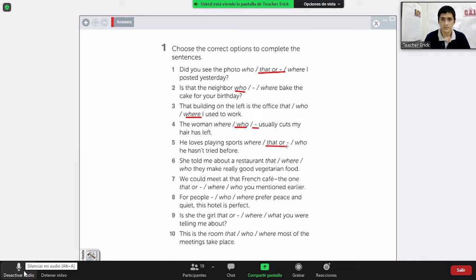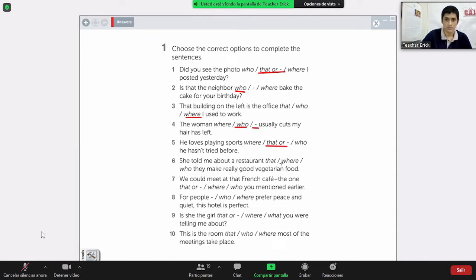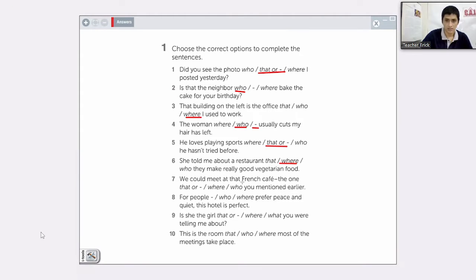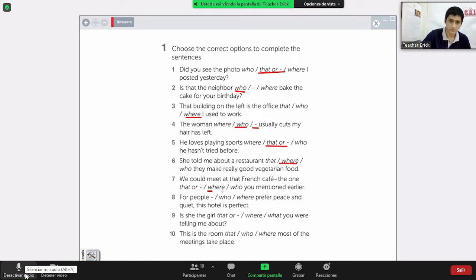Where. She told me about a restaurant where they make really good vegetarian food. Number 7, we could meet at that French cafe. Do you want that, where, or who? Where. The one where you mentioned earlier.